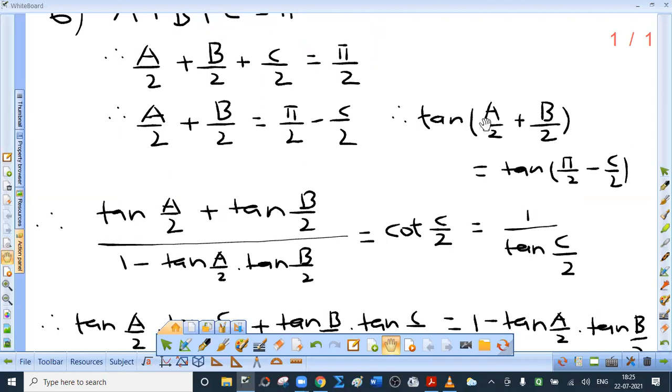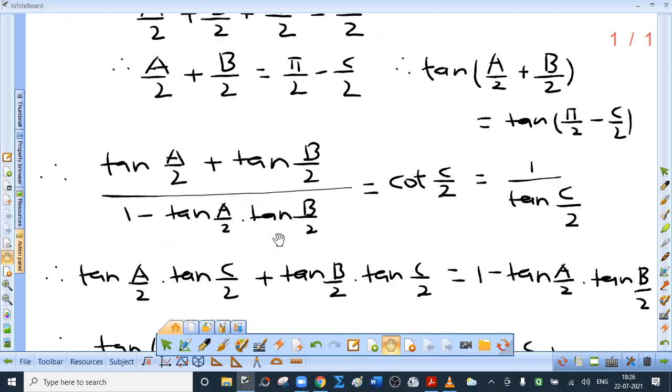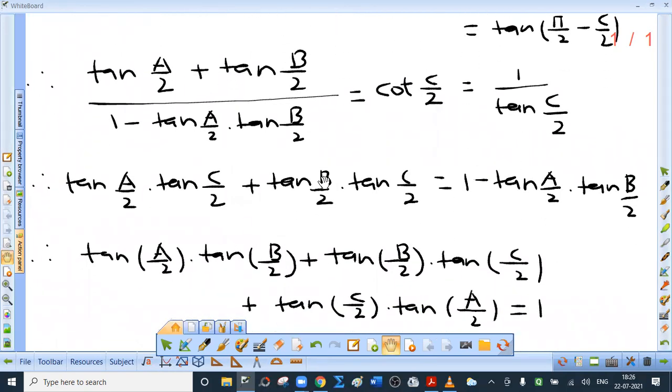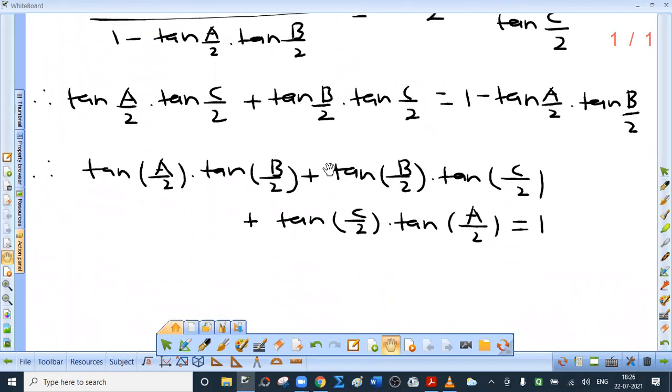On LHS, tan of alpha plus beta, tan alpha plus tan beta upon 1 minus tan alpha tan beta. RHS, tan of 90 minus theta, 90 associated with y-axis ratio changes, tan changes to cot, 90 minus first quadrant positive. But what is cot? 1 by tan. Now cross multiply, rearrange the terms to get the required answer.